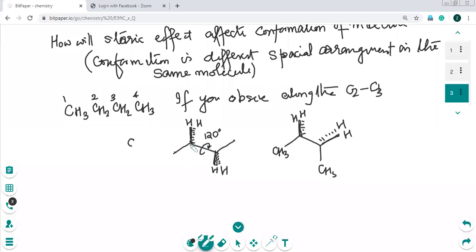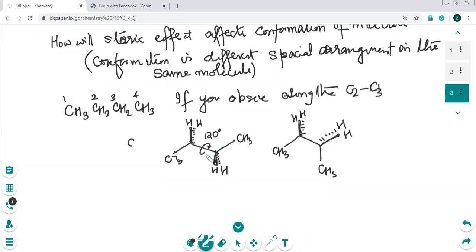Around this bond, you keep this stationary and rotate these three bonds, CH3 here and CH3 here. Rotate different carbon only. If you rotate by 120 degree, this carbon will reach here, and these two hydrogen will go to the other side. So one of the hydrogen will be front, the other will be back.